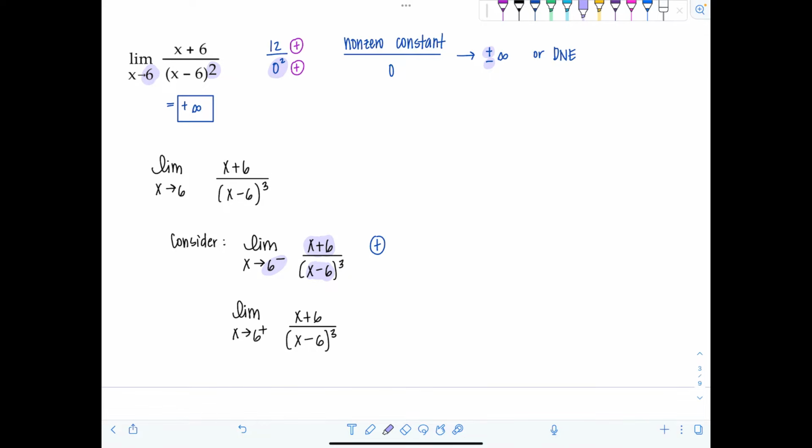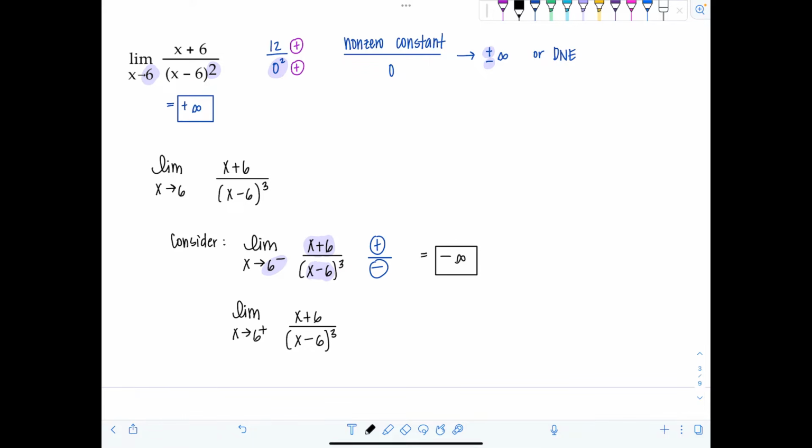And then if you cube a negative number, it stays negative. So this limit here, positive divided by negative, all the terms are going to be negative when you're approaching 6 from the left. So what does that mean for us? This limit here is negative infinity.